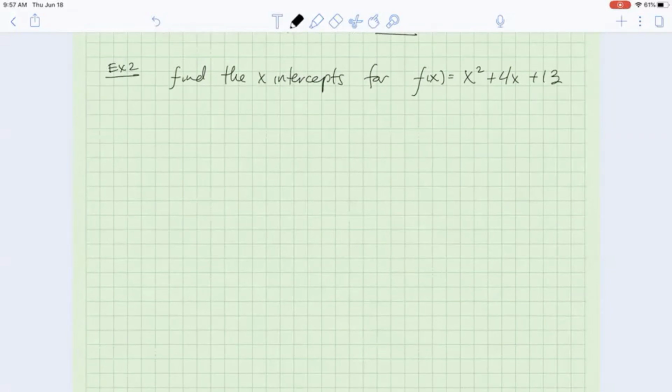Find the x-intercepts for this function. Well, here we go. That means that f of x equals 0 if x squared plus 4x plus 13 equals 0, in which case a equals 1, b equals 4, and c equals 13, excuse me.